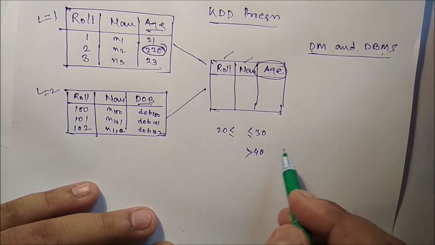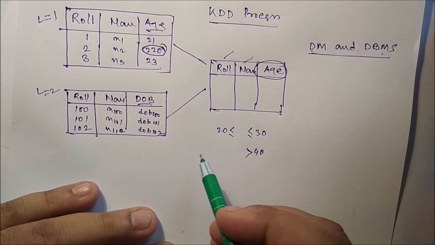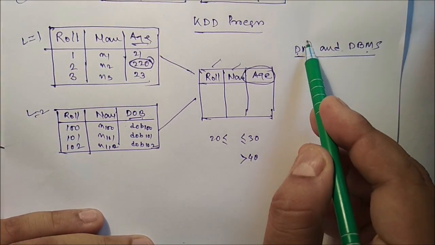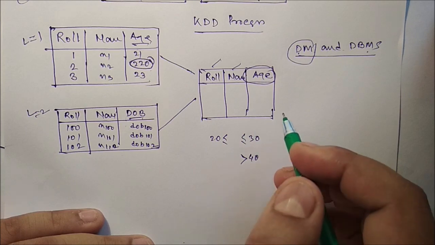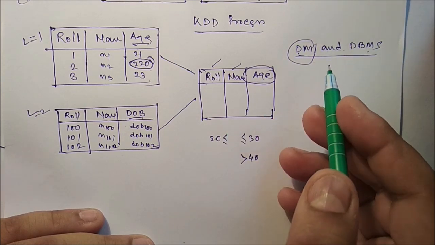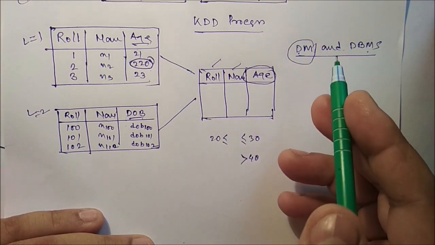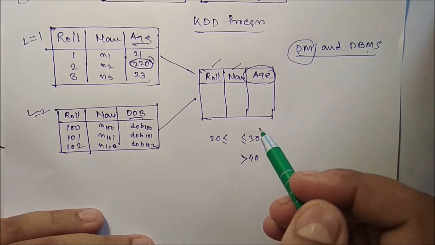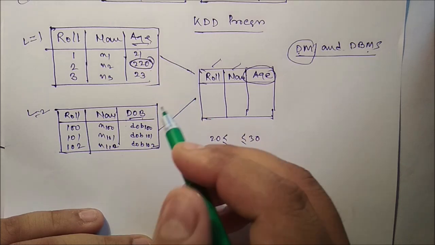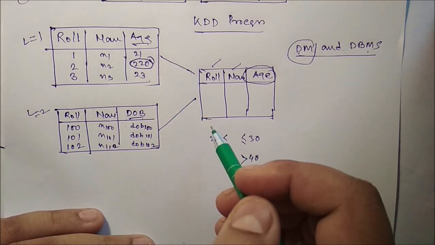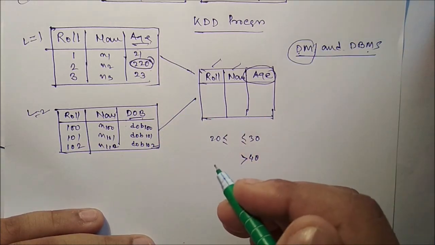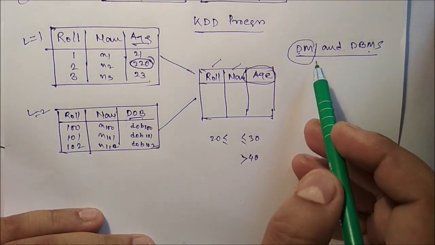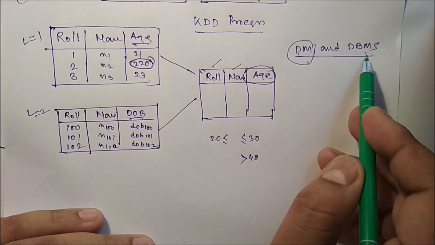This type of information we can extract from the DBMS. But in data mining we can extract more information, like who will be the future topper, who will get a campus job, and what is the relationship between age and name, or between age and class, age and IQ level. This type of knowledge we can extract only through data mining, not from the DBMS.